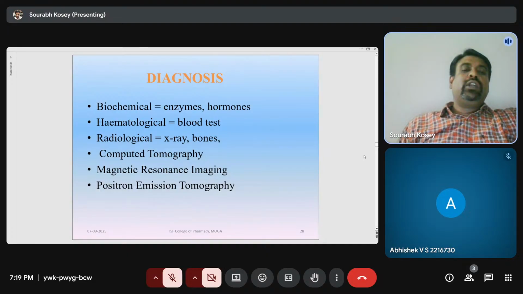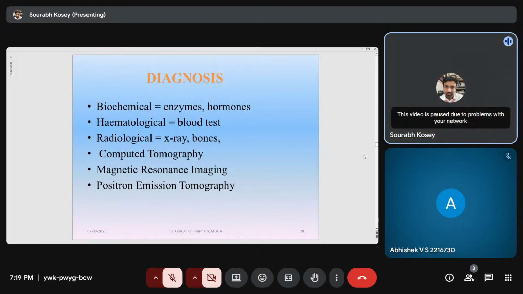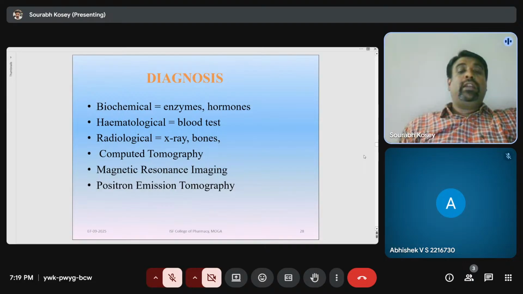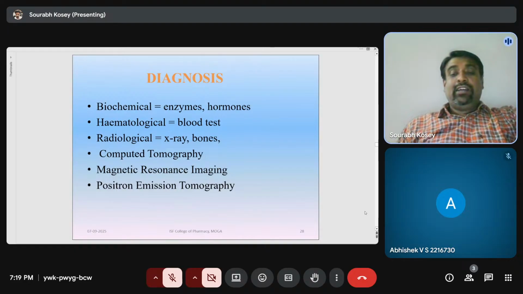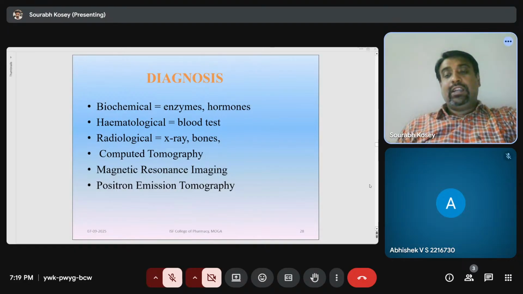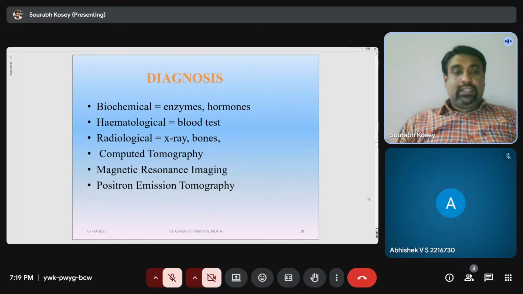Hematological: heme is a protein, blood, so complete blood profile. Hematocrit, hematuria, hemoglobin, WBC, RBC, eosinophils, white blood cells, etc. So hematological estimation, in the case of diabetes mellitus, HbA1c again. So any blood-related test comes up.